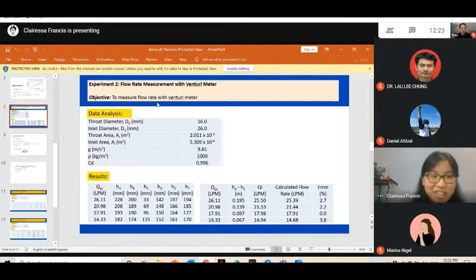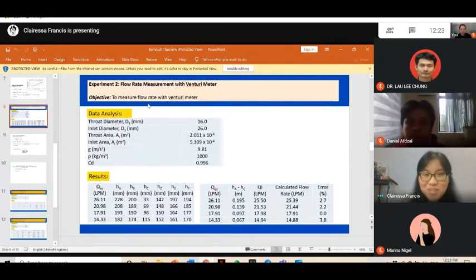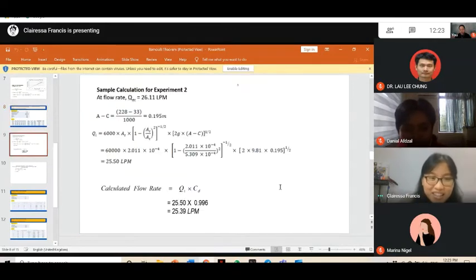Okay. Experiment 2, the objective is to measure flow rate with Venturi meter. And here we need to find the flow rate average and ideal flow rate. And this is the calculation.